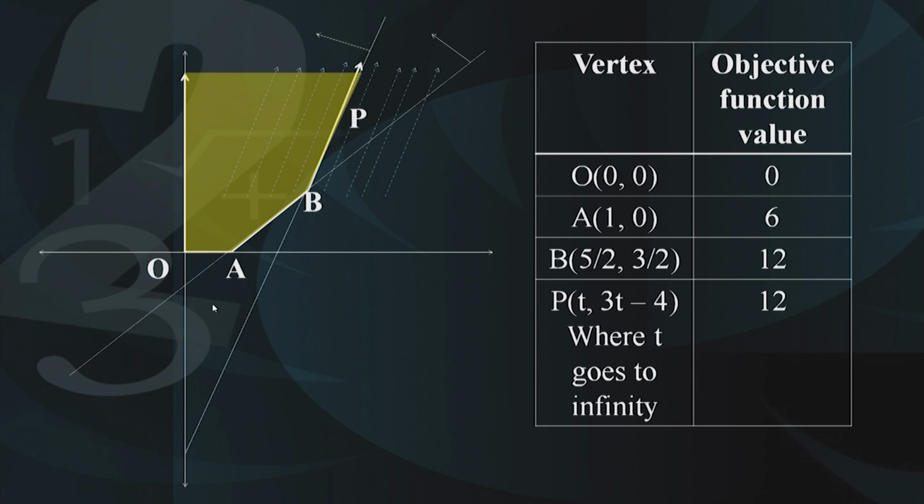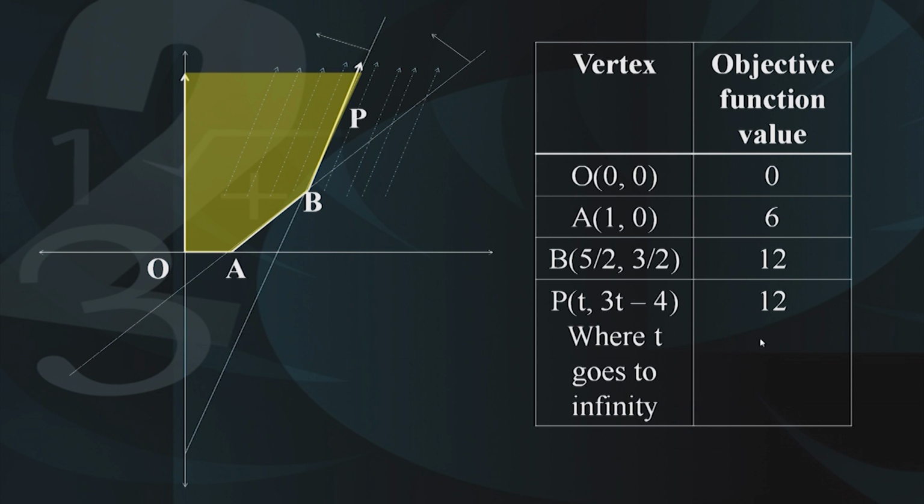If you substitute this point P into the objective function, you will get a value 12, and this indicates that all points on this line segment BP will have a constant value 12.